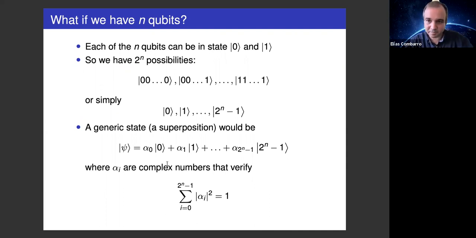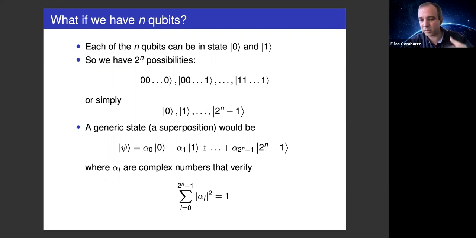But this being a quantum system, it can not only be in one of these possibilities, but in a combination of all the possibilities at the same time. So the general state of an n-qubit system is a combination of all these 2 to the n possibilities.